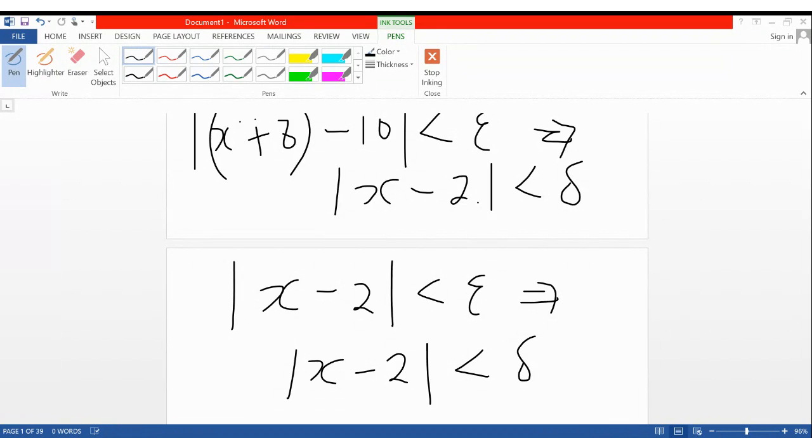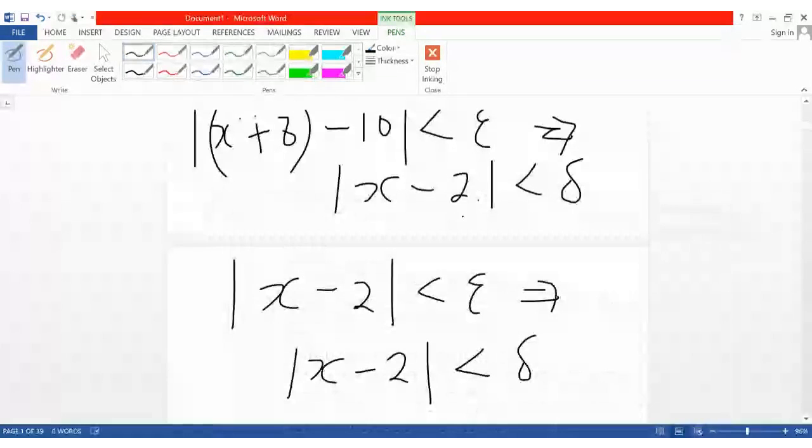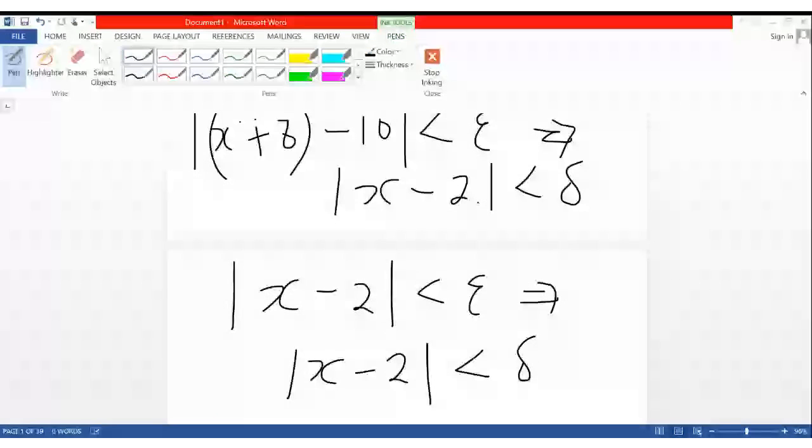So now check this one out. We have x minus 2 is less than epsilon. Then we have x minus 2 is still less than delta. We have two relationships there. If both are less than, we can show a relationship basically.